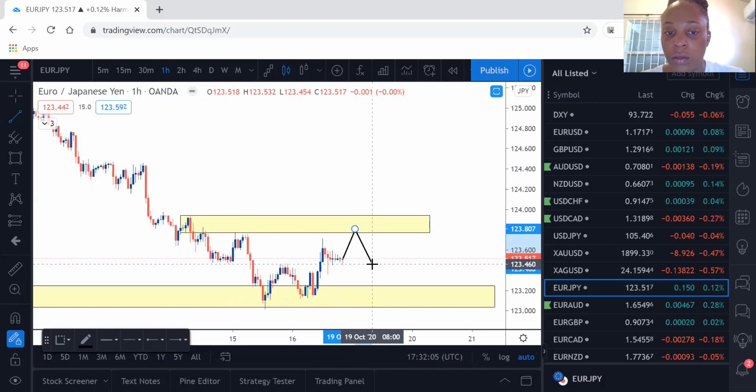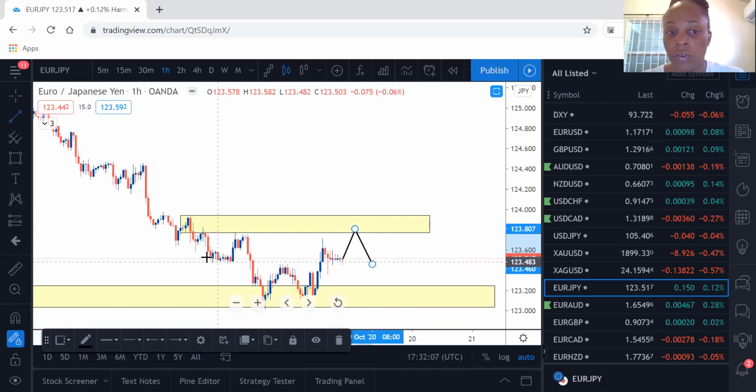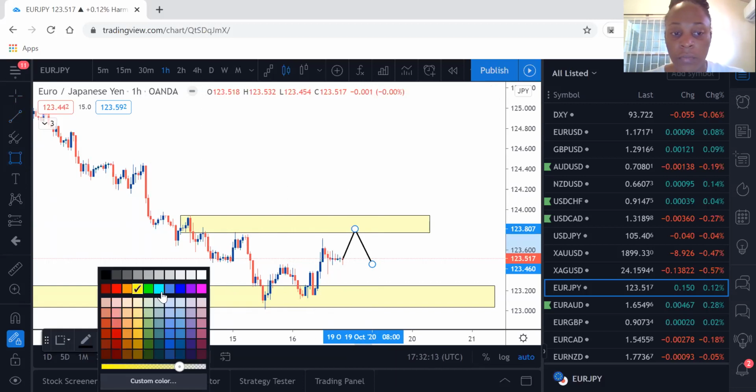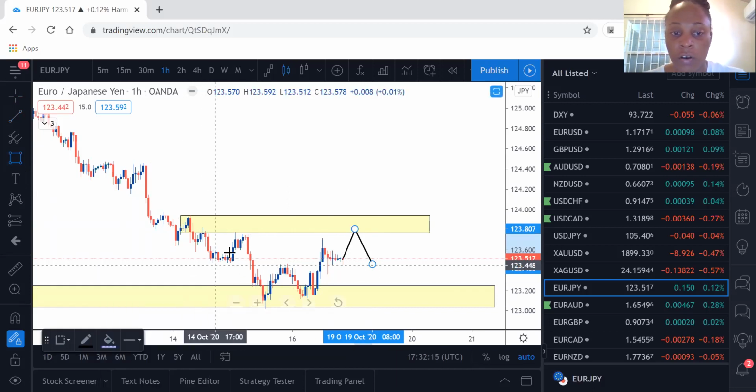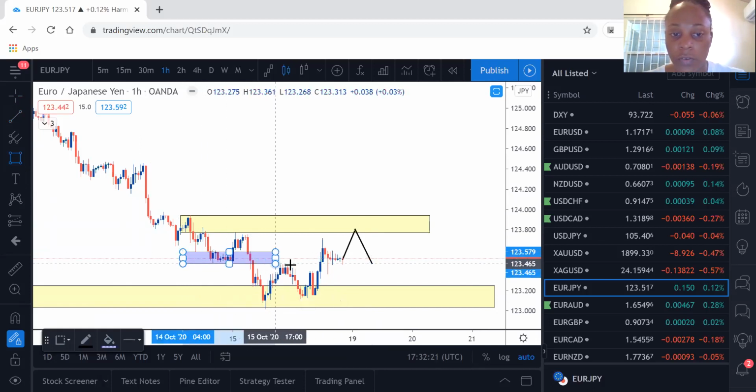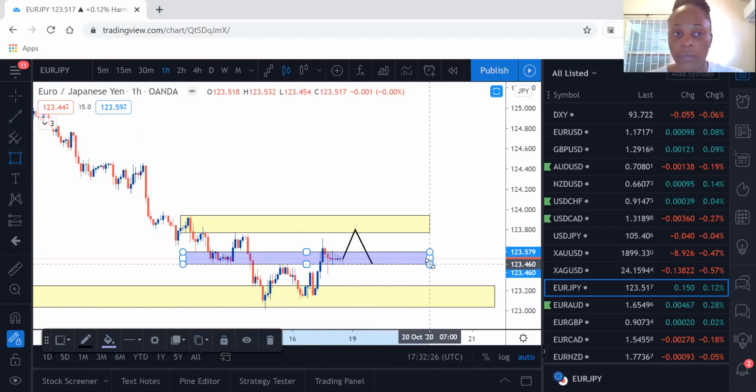And then I am looking at my right shoulder. So my right shoulder, I am looking at it to buy from the support of my left shoulder. So anywhere within this zone is where I'm looking for my right shoulder to form. So that's the way I stop back there.